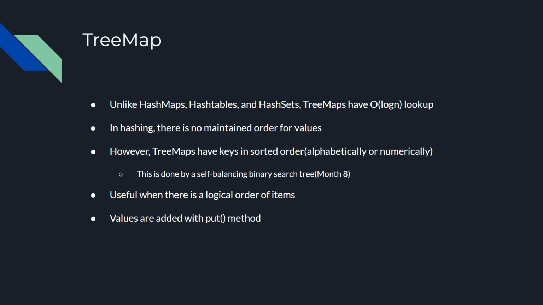We'll be covering binary search trees in month 8 of AOA, but what you need to know right here is that tree maps are really useful if you're trying to store data that has a logical order of items. For instance, if you're a teacher in a school and you want to have a list of your students based on alphabetical order by, like, last name, then it would make sense to put the data into a tree map where it's automatically sorted.